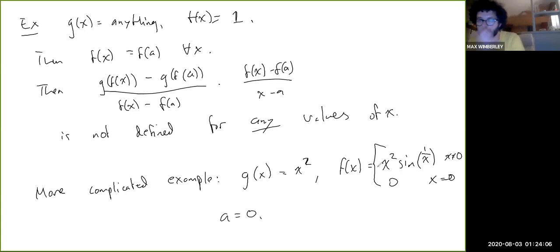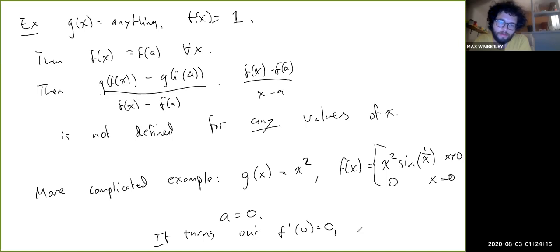It turns out f prime of 0 is 0, but f of x equals f of 0 for values of x arbitrarily close to 0.